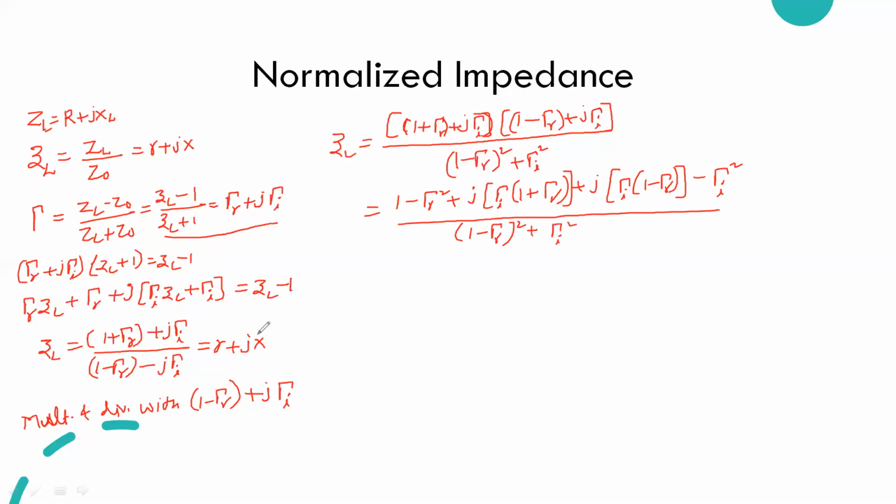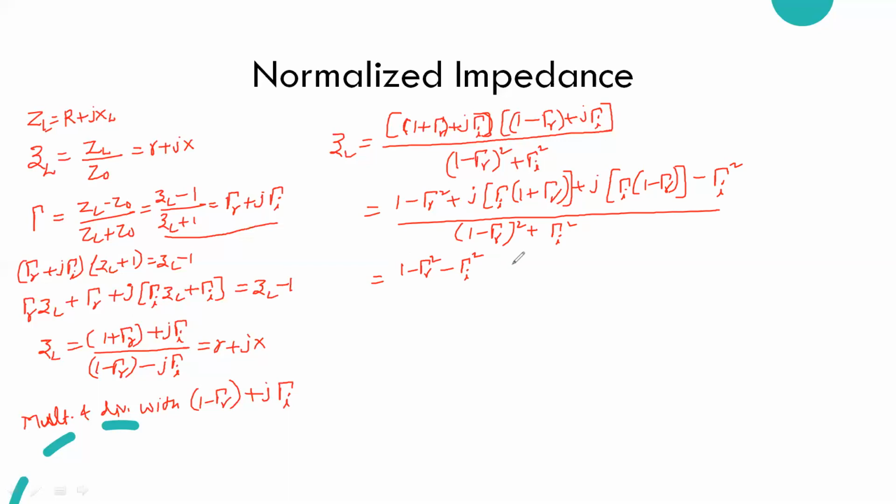That equals 1 minus gamma r square minus gamma I square.